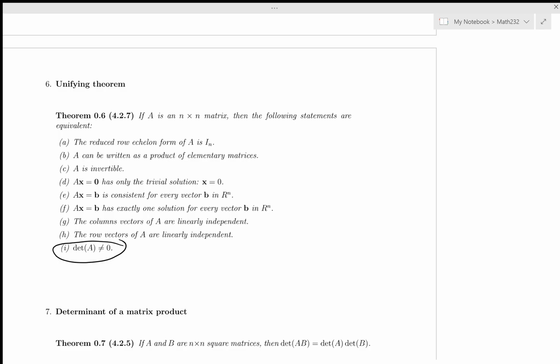So that when you're doing some problem, you will realize, oh, my system AX equals 0 has only the trivial solution. Immediately, then you write down the determinant is not 0. So these things will come to you quickly, making it faster to solve problems. So certainly you want to have this in your head.